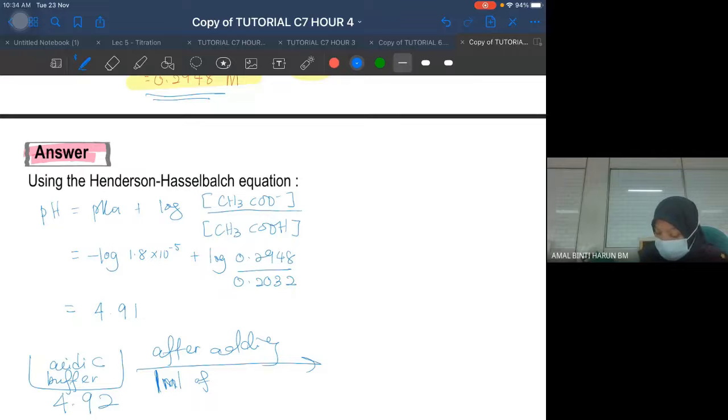So pH dia 4.91. Okay. So dia punya penurunan pH tu adalah 0.1. Sangat kecil lah. So that is a buffer.